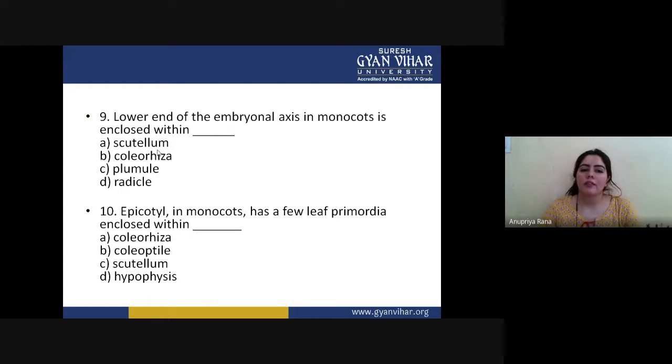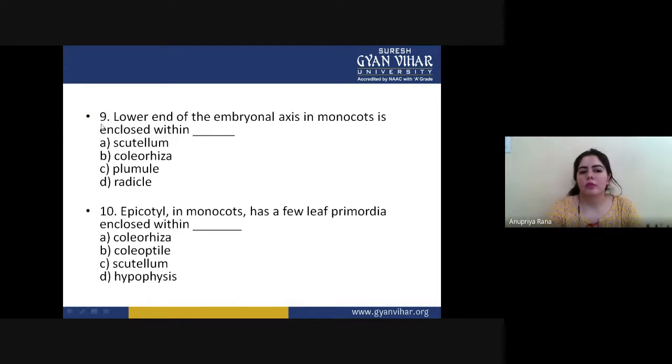Rhiza is basically for root formation, and the lower end is always for root formation, so that's why coleorhiza. The epicotyl in monocot has a few leaf primordia enclosed within. Now answer it: leaf primordia will be enclosed in? Not hypophysis, hypophysis is going to form the root.